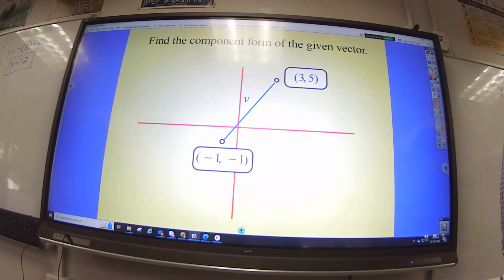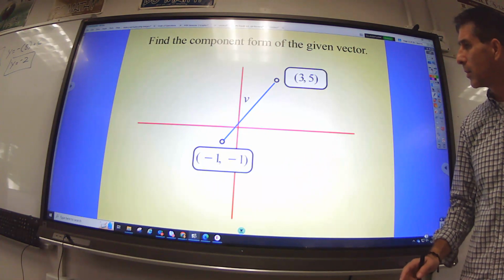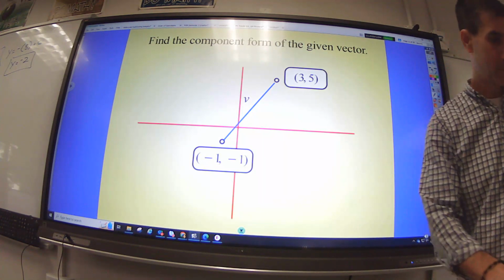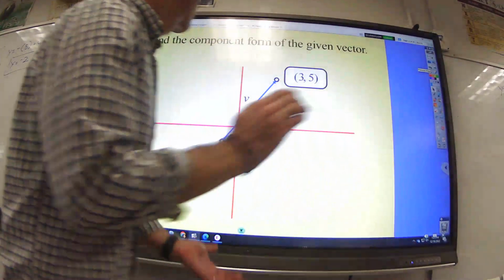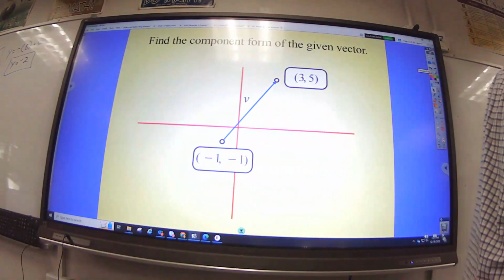Find the component form of this vector. Oh, where's the arrow? Oh, there's no arrow. Let me fix it. Okay, find the component form of this vector.